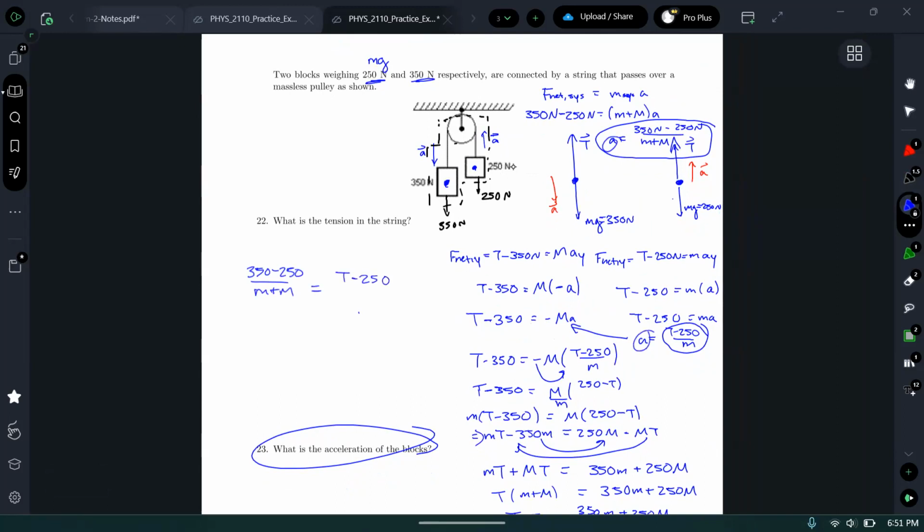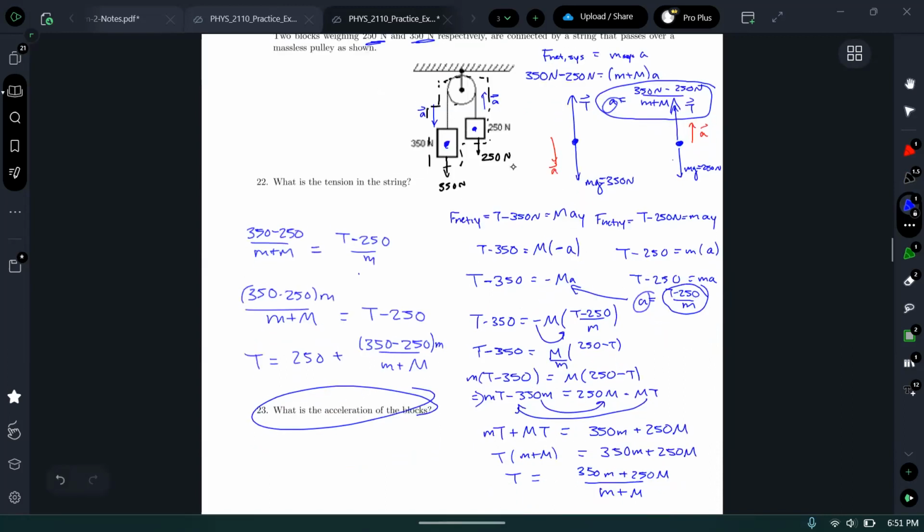The minus 250 little mass. So 350 minus 250 times little mass. Sum of the masses is... 250 plus 350 minus 250.